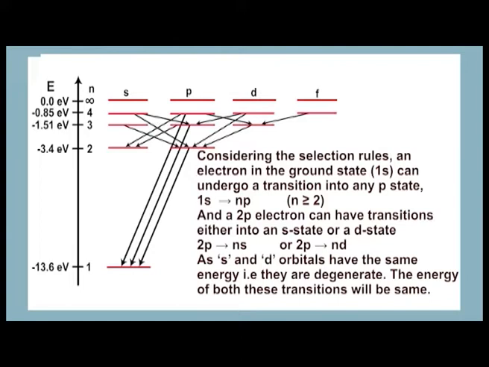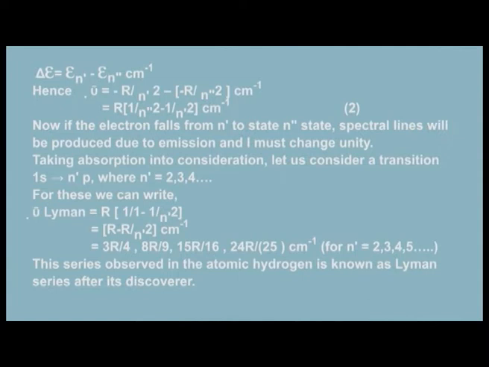Now, as s and d orbitals have the same energy, that is, they are degenerate, the energy of both these transitions will be the same. Now, if an electron in a lower state n double prime undergoes a transition into a higher state n prime, the energy of absorption will be delta E equal to E n prime minus E n double prime, in centimeter inverse.